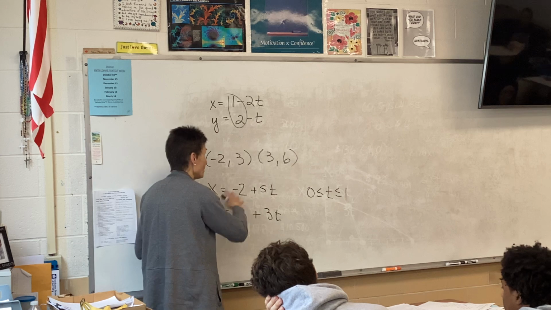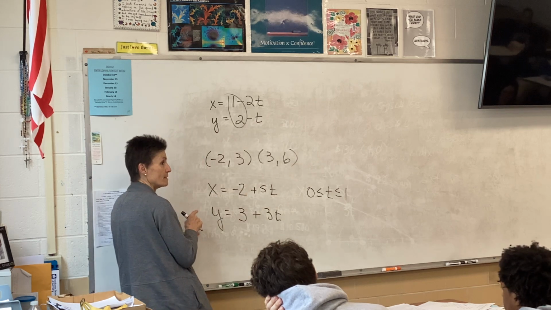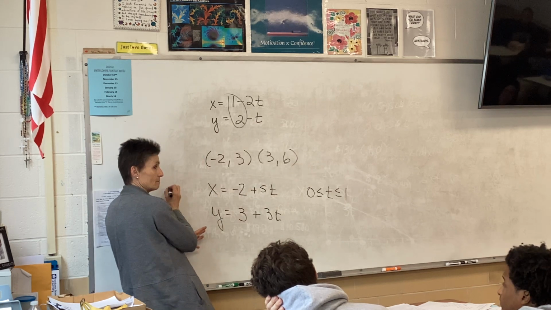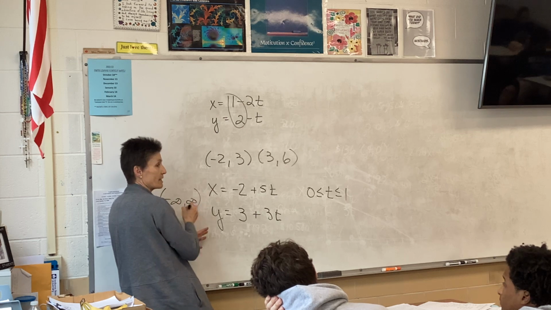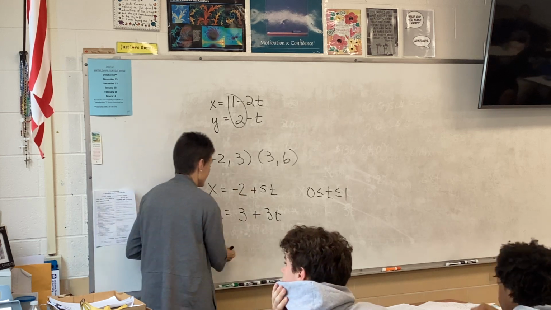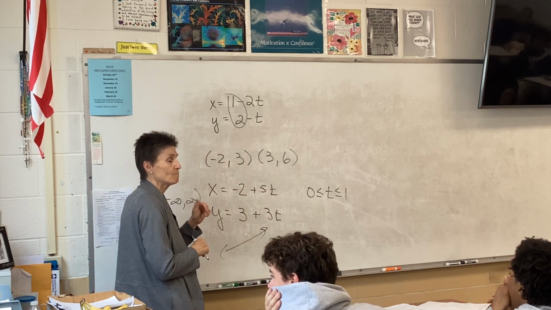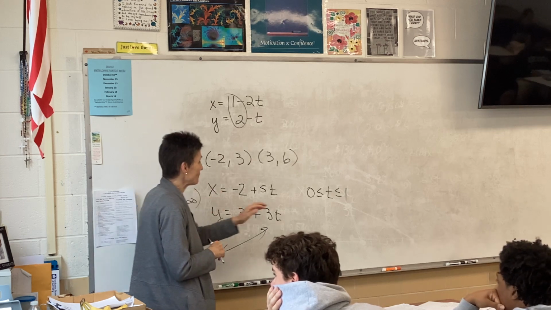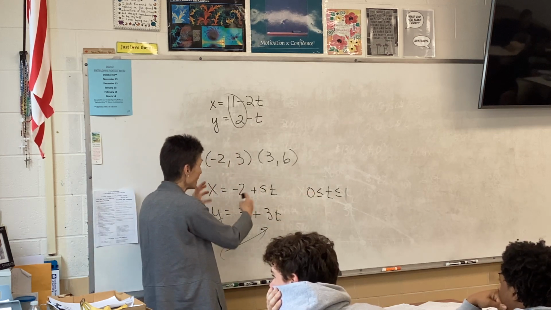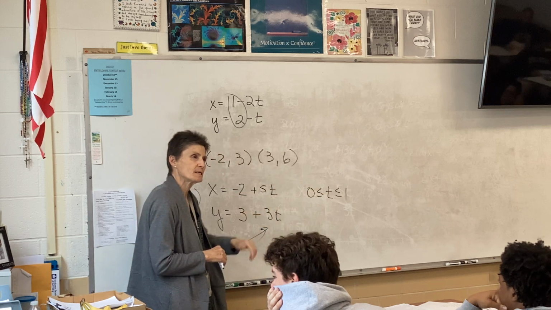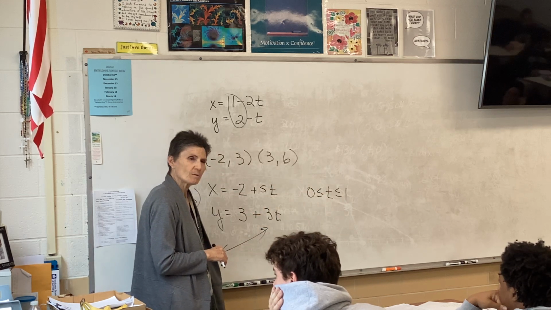So here, my implication was t was infinite. t was everything. And that's going to generate this line, whatever it looks like. Okay? What happens if I take the same equations, but I restrict those t's? What do you think happens?